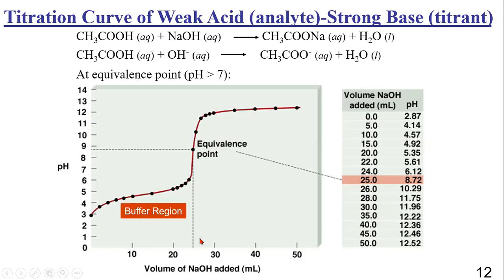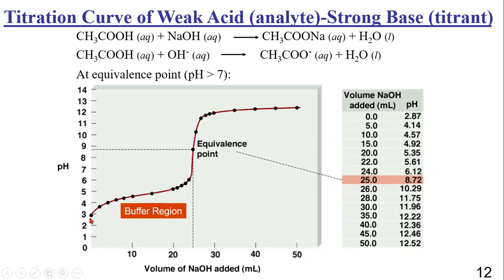Okay, so we have this buffer region again, which we never had in the strong acids. And again, why do we call it buffer region? If you look here from pH 0, initial, but going from pH 5 to added 20 milliliters, there isn't that much difference in pH there, okay?